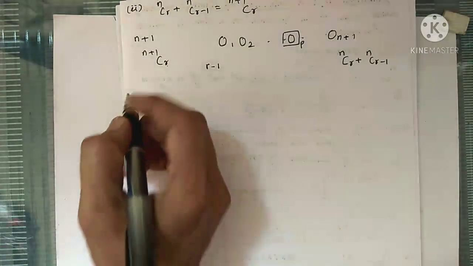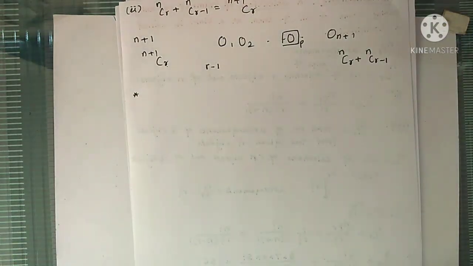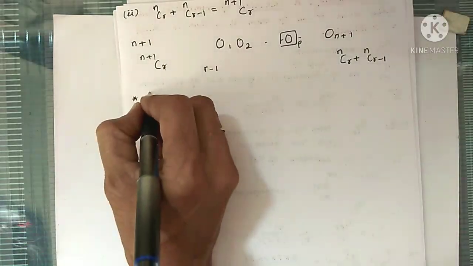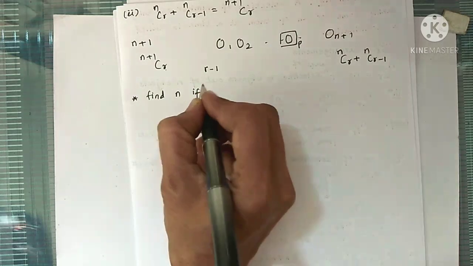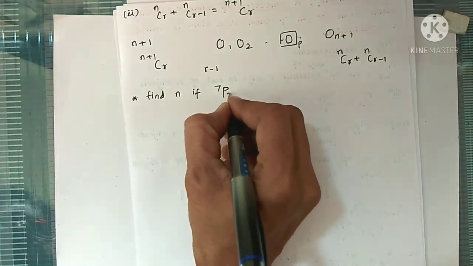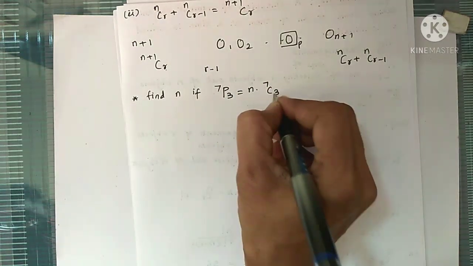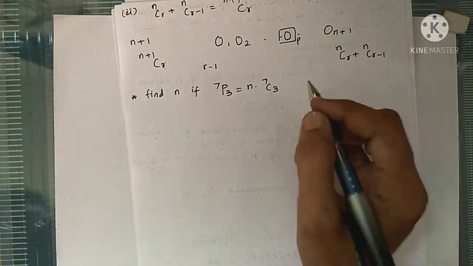Okay. So let's solve some questions based on this. First question is, find the value of n if 7P3 equal to n into 7C3. Okay. So here also we can use the first property or the formula.